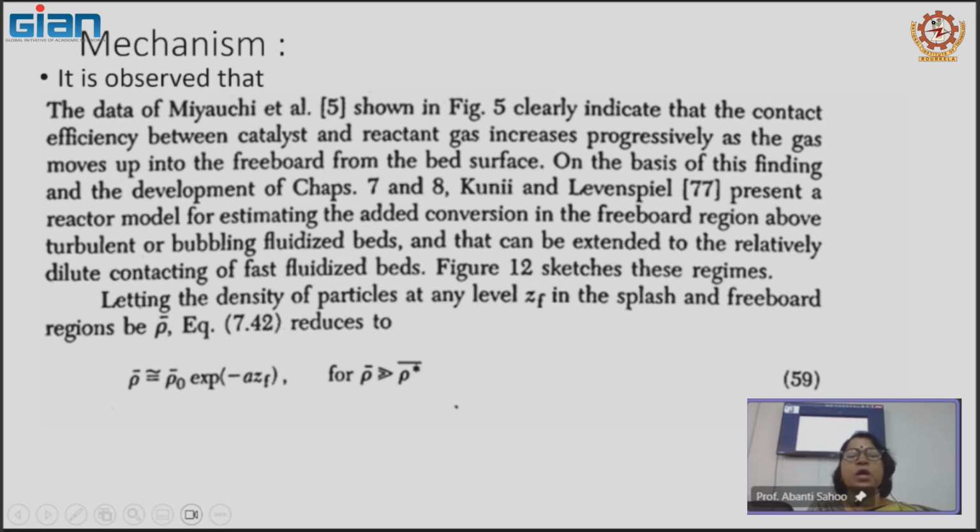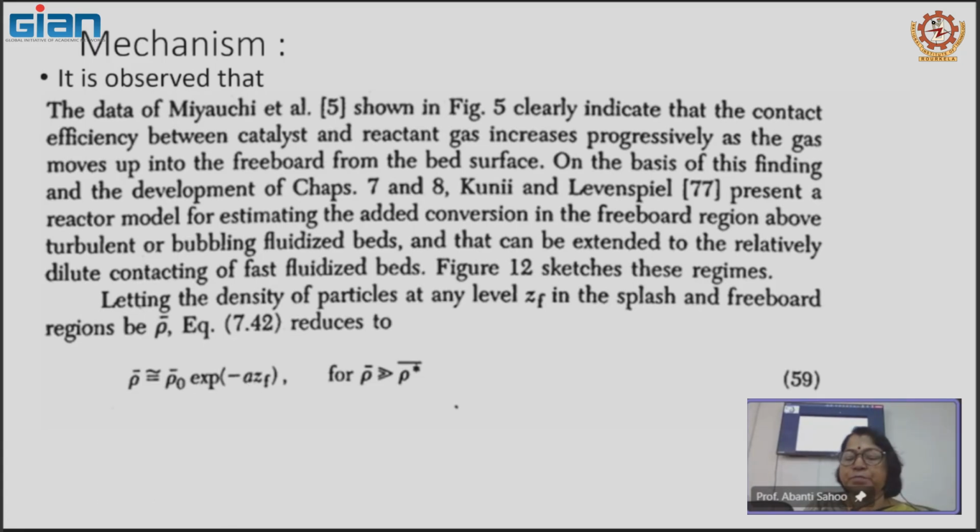So, thus here also, letting the density of the particle at any level ZF in the splash and freeboard region, the mean density is rho bar. So, we can write the mean density as rho 0, that is whatever we initially have taken, rho 0 into exponential of minus A into ZF at any height ZF.